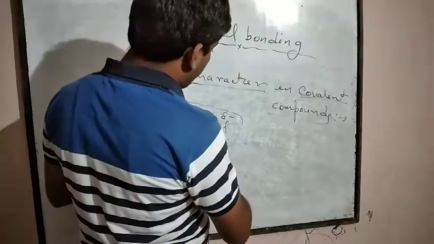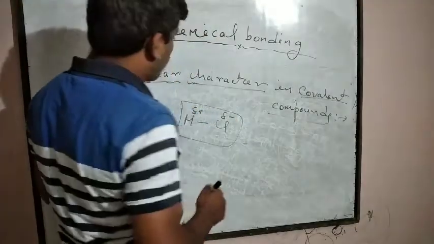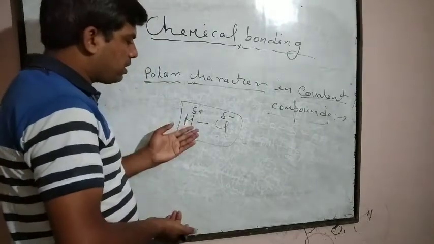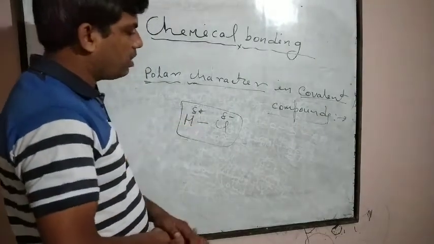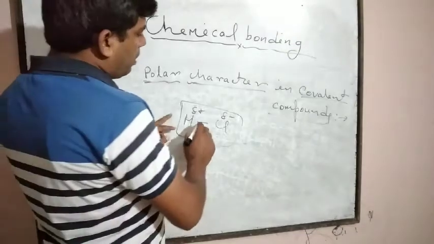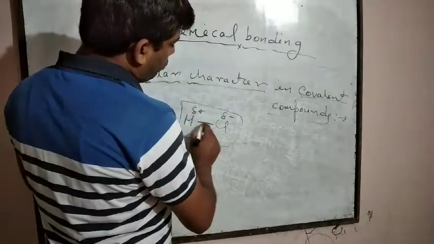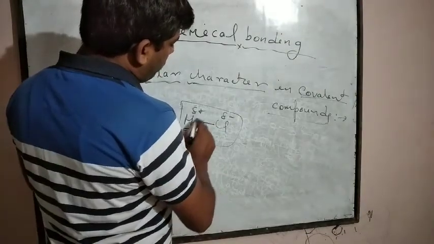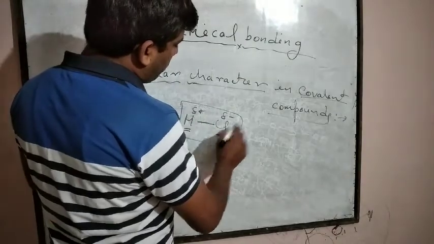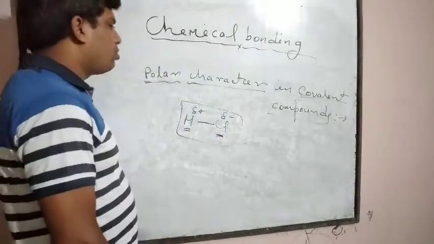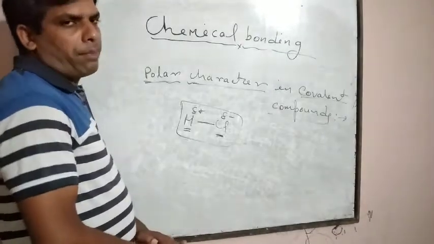Polarity arises because the difference of electronegativity between hydrogen and chlorine is high. That's why the shared pair of electrons shifts towards chlorine, and hydrogen bears a partial positive and chlorine a partial negative charge. Such compounds are polar compounds.